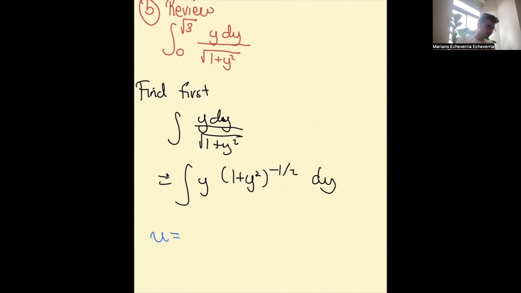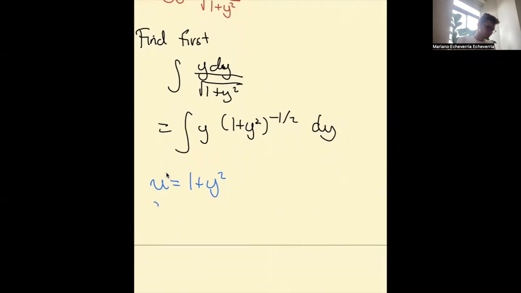What if we do u equals 1 plus y squared? So du dy, it looks a little bit weird because I wrote the variable in terms of y, not x, but du dy is 2y. And so du equals 2y dy, or du over 2.